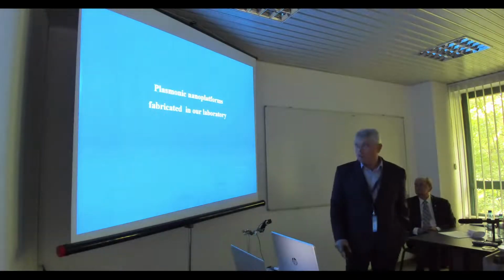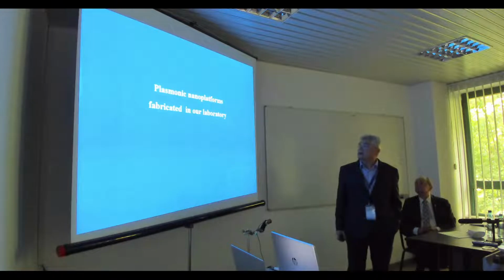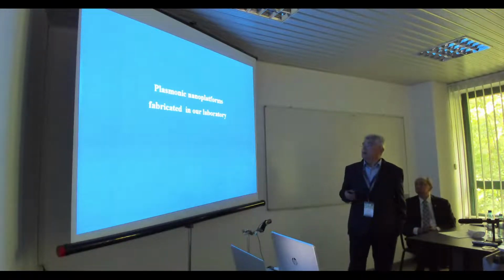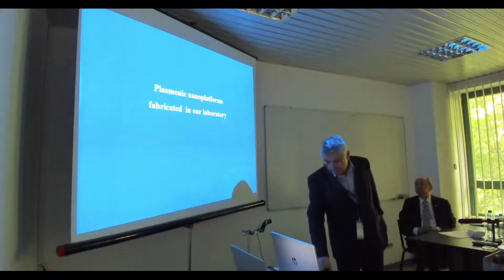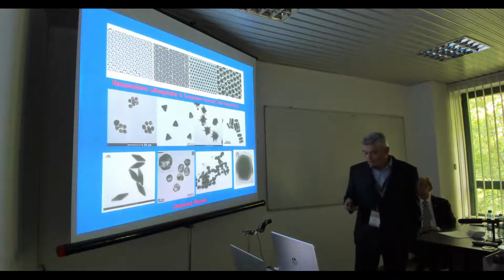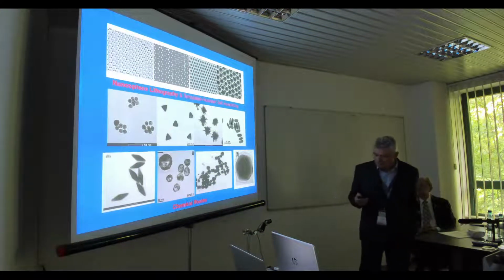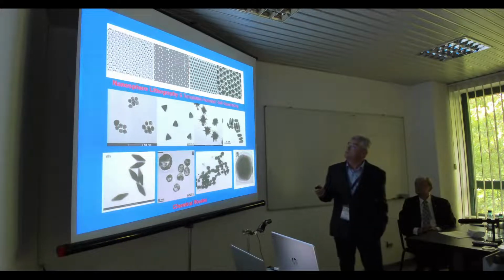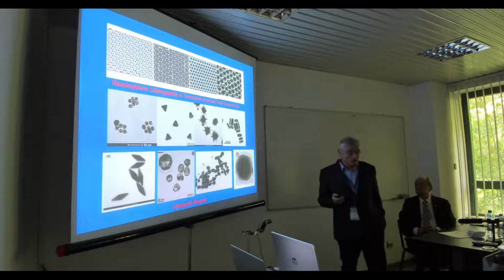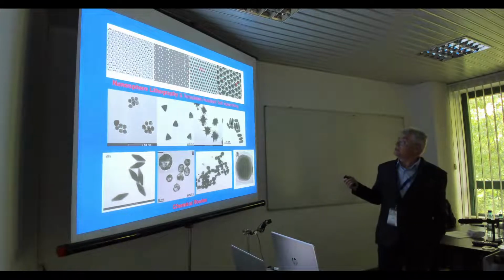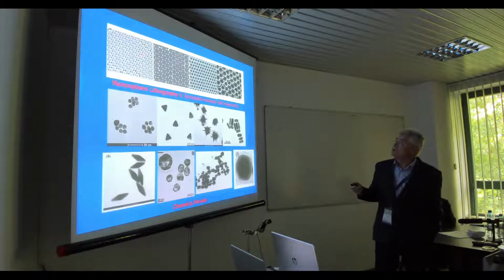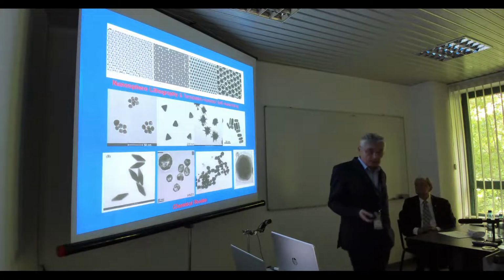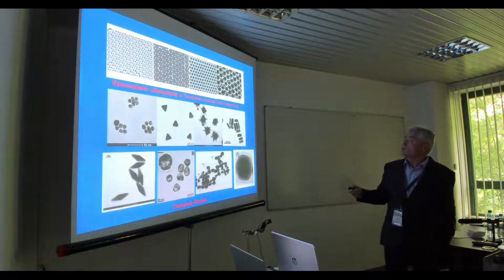Now, what kind of nanoparticles, called later on nano platforms, do we fabricate in my laboratory? I remember at the beginning, when I first arrived here, I discussed this kind of solid substrate. I will not speak today about solid substrates, but they are also useful for cells.